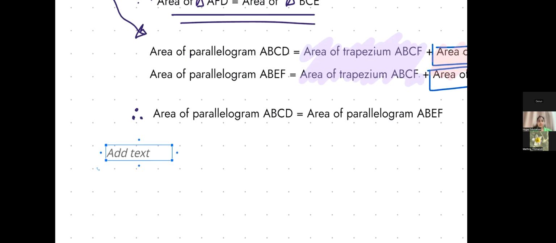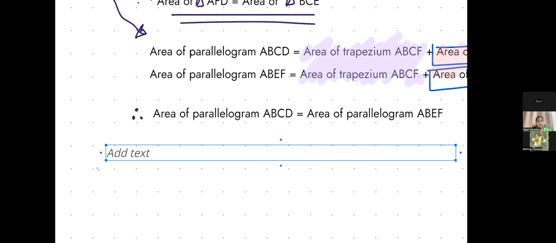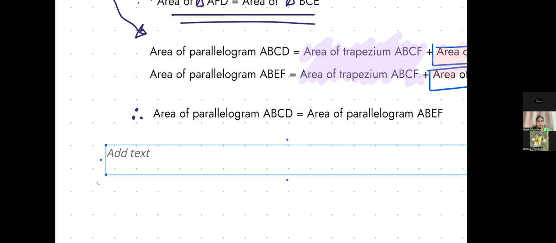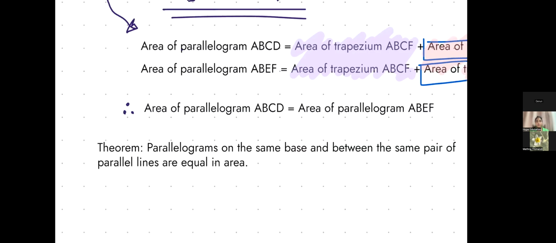Theorem is: parallelograms on the same base and between the same pair of parallel lines are equal in area. This is the theorem.